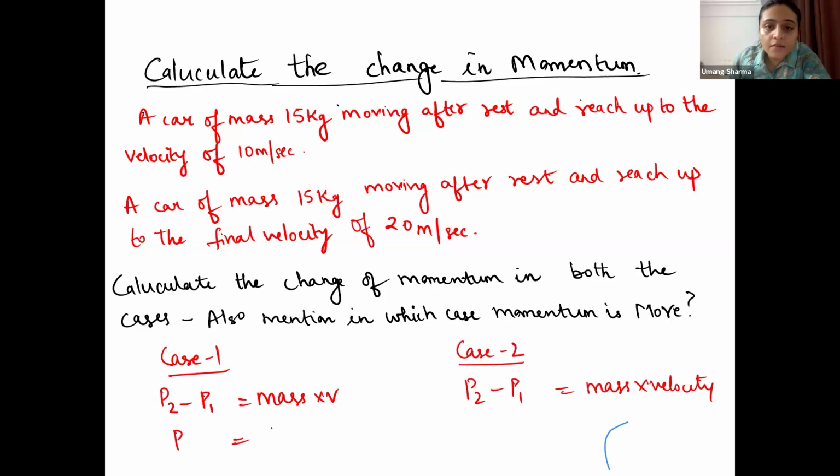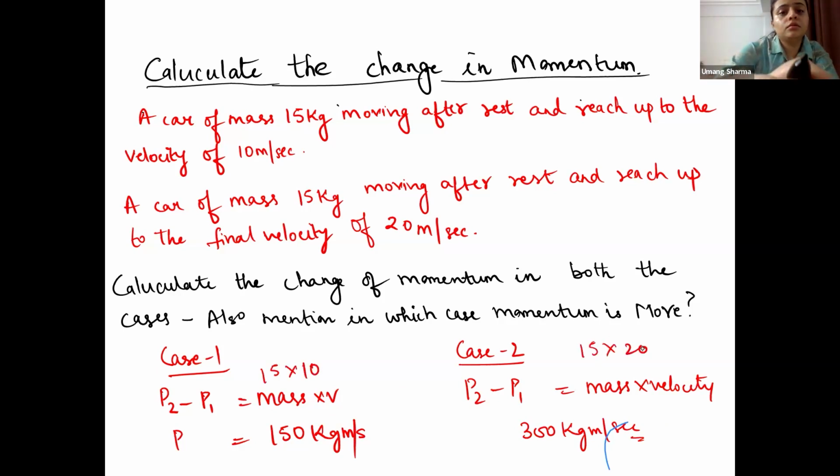So in case 1, we got 150 kg meter per second and 300 kg meter per second. 15 times 10, and here we have done 15 times 20. Always mention units, students. Okay, so case 2.